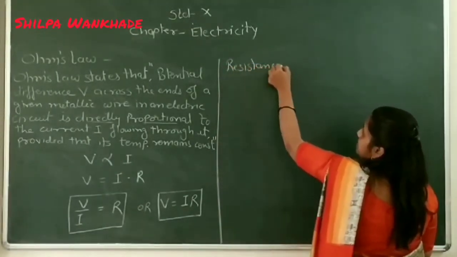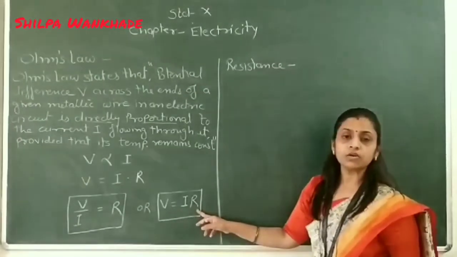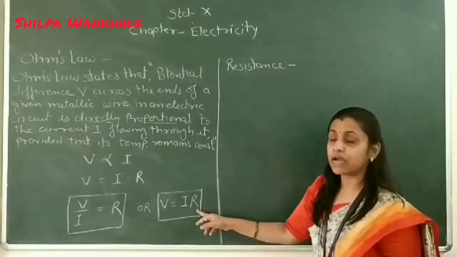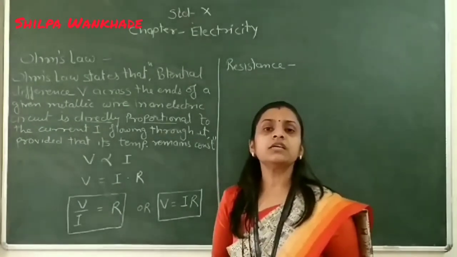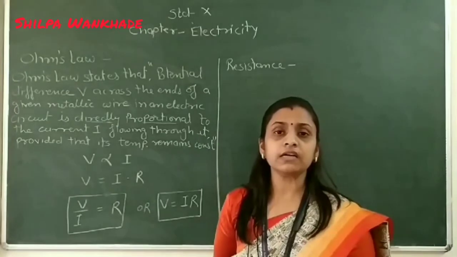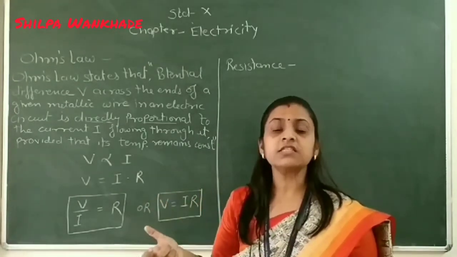As we have seen, the resistance is the constant of a given metallic wire. So what is that resistance? Resistance is nothing but the property of a conductor which opposes or resists the flow of current.